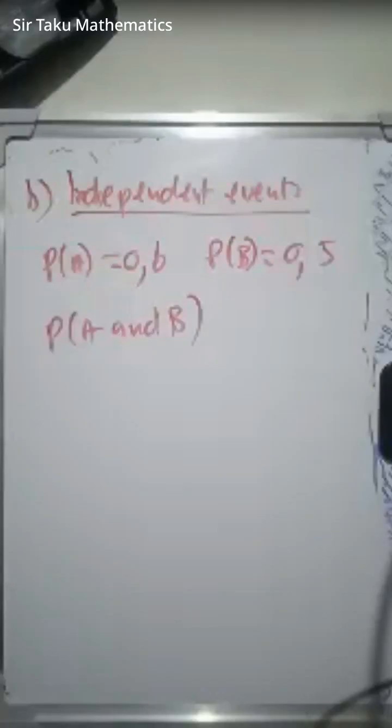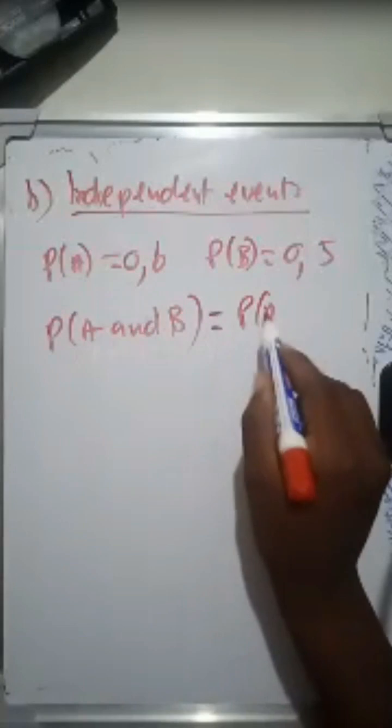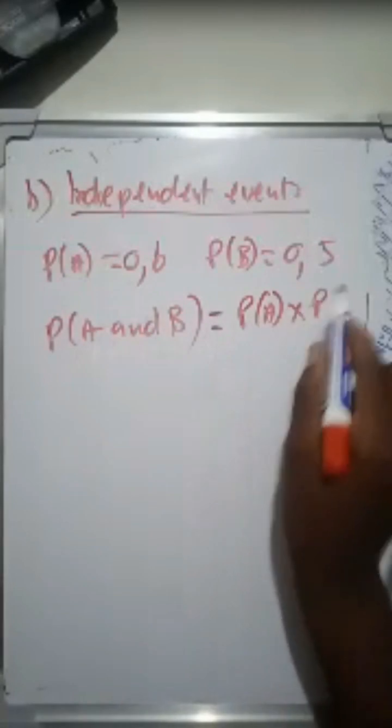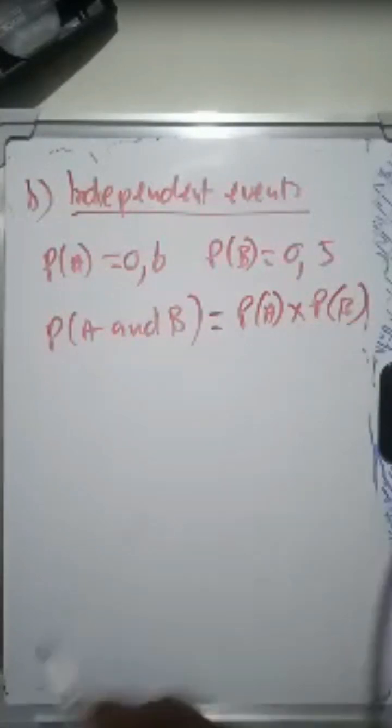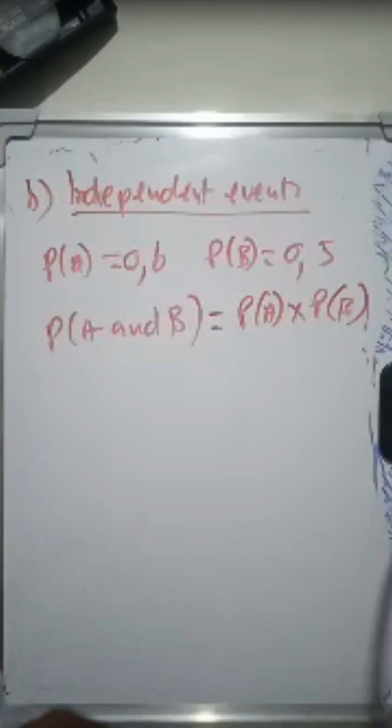What is the keyword here? These are independent events. So probability of A and B is equal to probability of A times probability of B. Right? Because these are independent events.